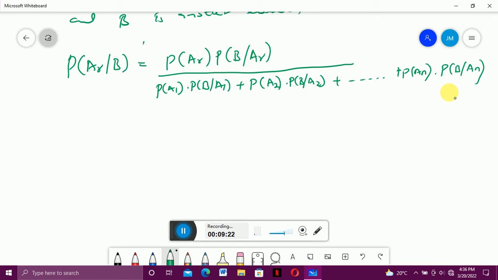So we would like to look at an example. We write this example.